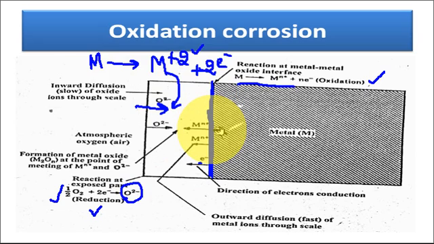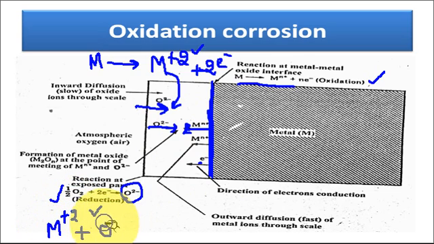Metal ions diffuse outwards from the metal surface, while the oxide ions come towards the metal surface. So, near the metal surface, there is formation of the metal oxide, as the metallic cations combine with the oxide ions and form metallic oxide.